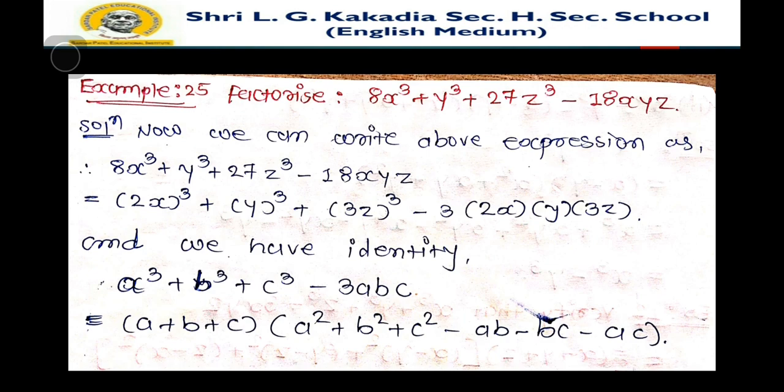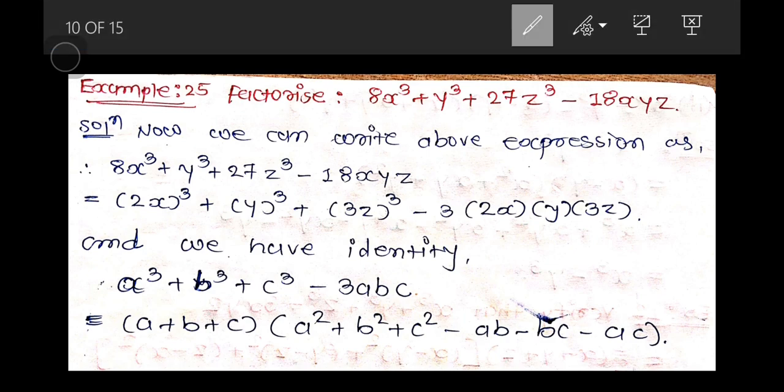Now example number 25. It is also similar to the given example. Here given: factorize 8x cube plus y cube plus 27z cube minus 18xyz. Remember that we have studied this identity.